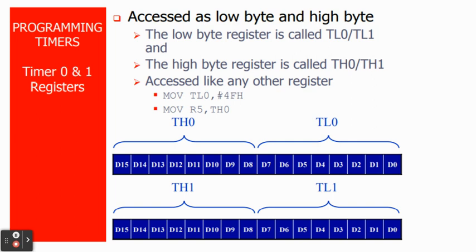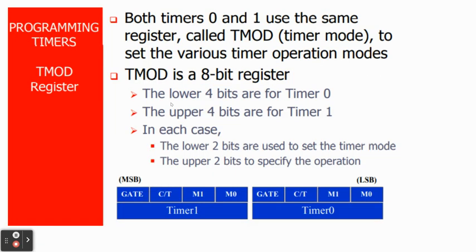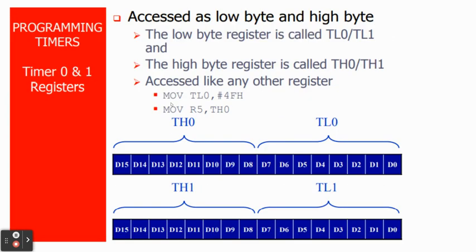And in assembly language, it is accessed or used like any other register. So if you want to put TL0 with a value of 4F hexadecimal, this is the assembly language command: MOV TL0, #4FH.